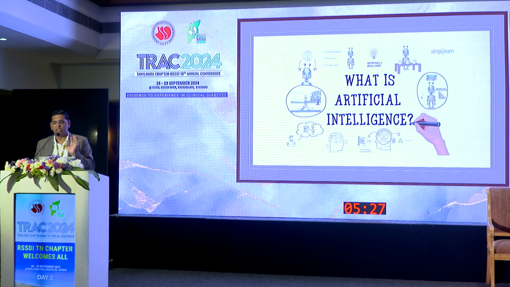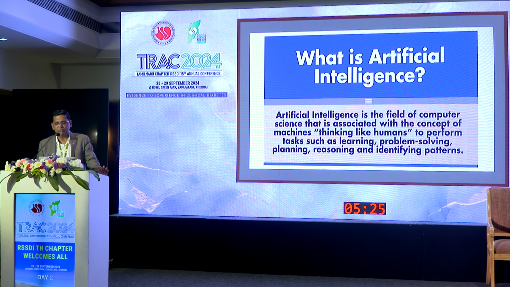Coming to the core, what is artificial intelligence? A very simple definition. It is a field of computing that is associated with the concept of machines thinking like humans to perform certain tasks such as learning, problem solving, planning, reasoning, and identifying patterns. The pattern identification was exclusive to humans, but now the machines are identifying the patterns.